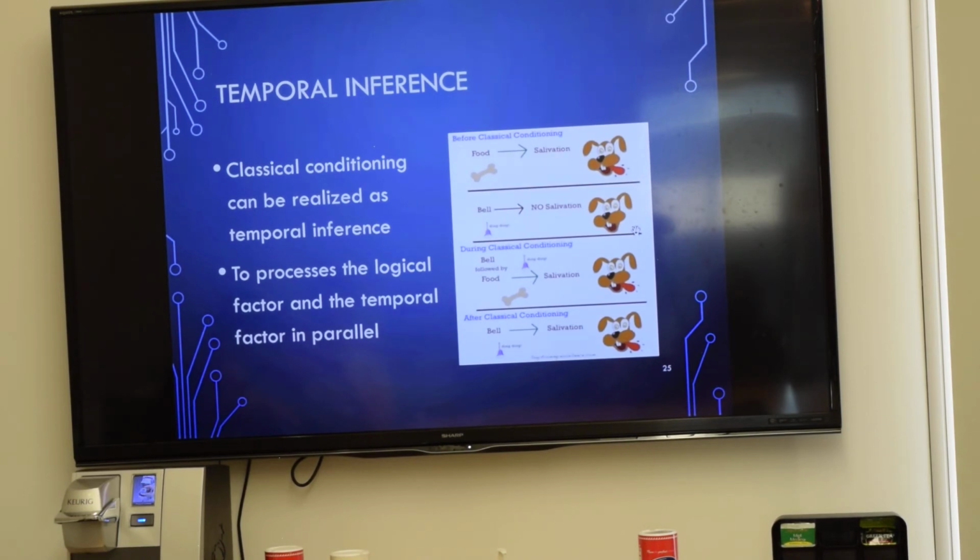Basically, you have an event which is followed by another event. Then the system will form a hypothesis, saying I guess these two may be related to each other. And in the future, when you see the first one, you'll form an anticipation for the second one, which can be correct or wrong, but some of the relations will be strengthened by repeated patterns, and some of them will be rejected.